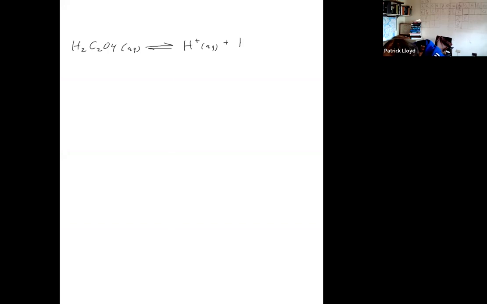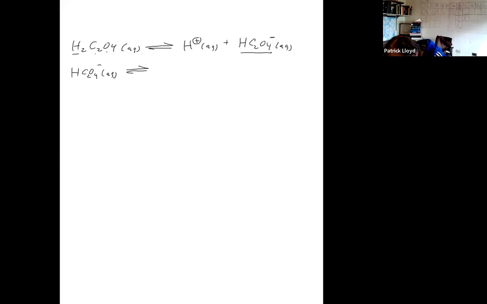So now we still have one C2O4, but we gave off an H plus. So we have to have a negative over here, right? So there's your first ionization. Written with the second one, we take the product. All right, so you take this product right here, that becomes the reactant.